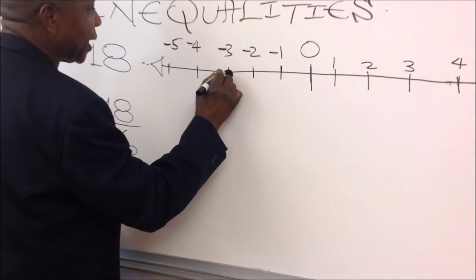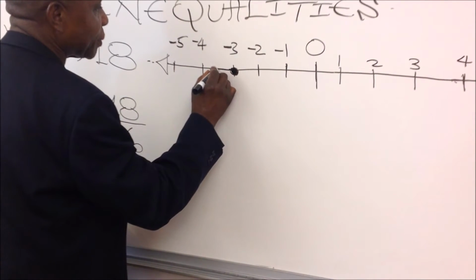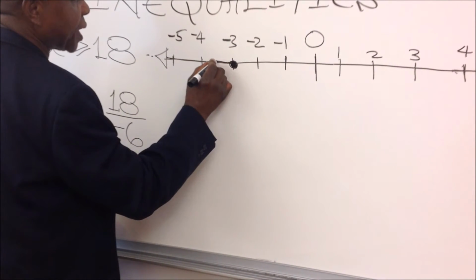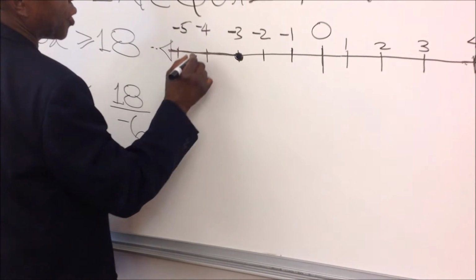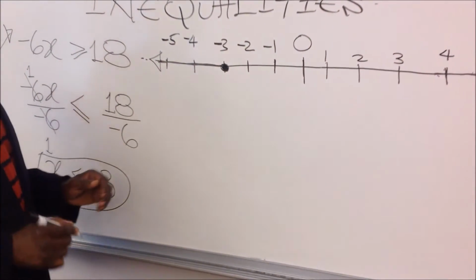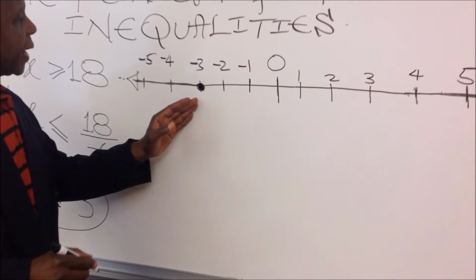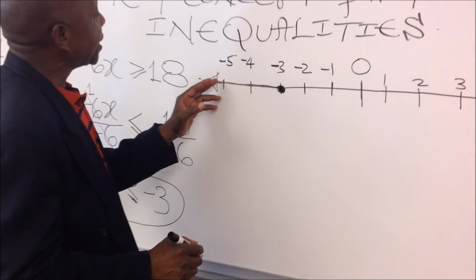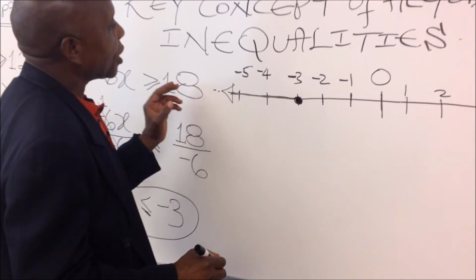Everything to the left of this little circle is also part of the solution. So again, -3 is a solution, and every number less than -3 will also be a solution.